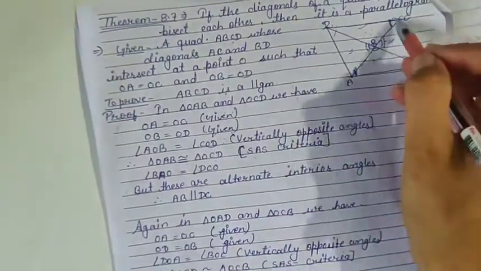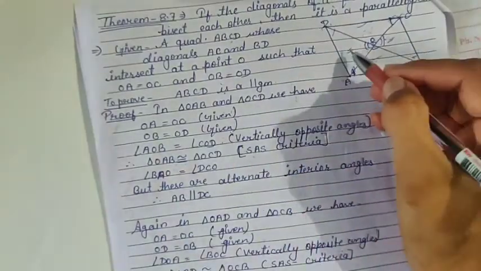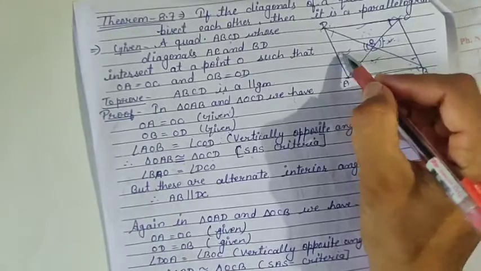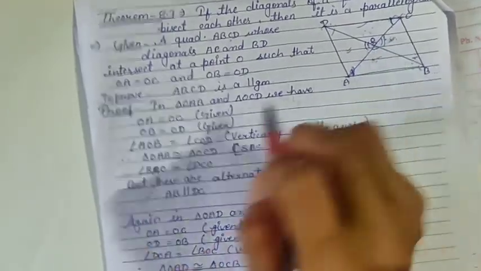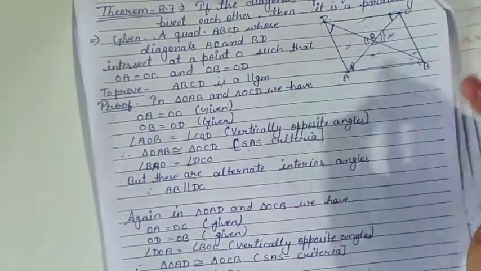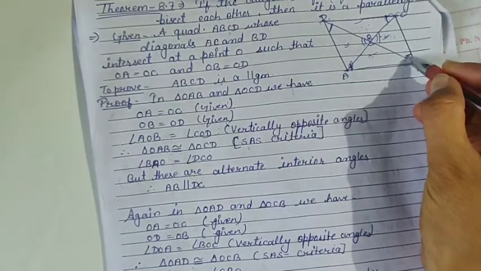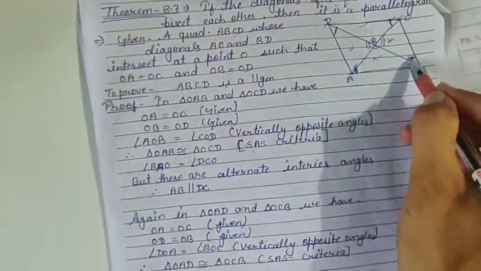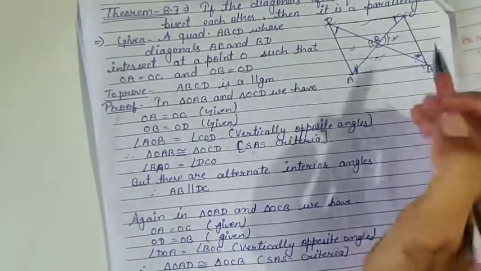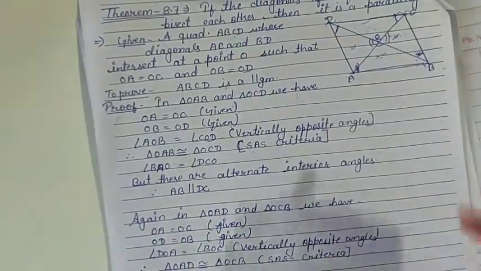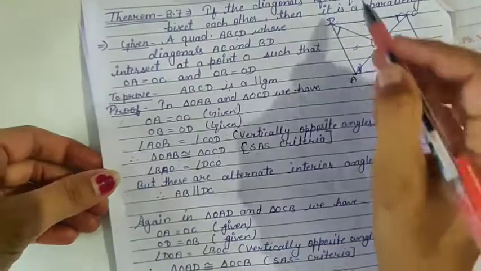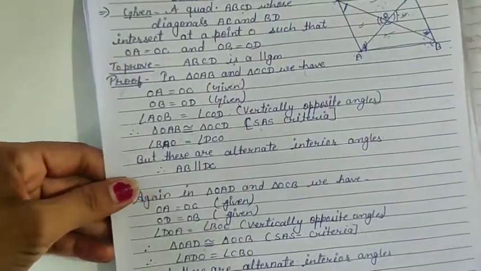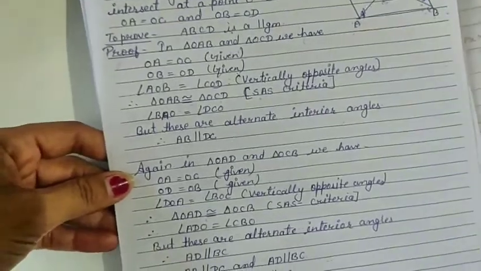It means AB is parallel to CD, and after that we take these two triangles, we prove them congruent, and angle B equals angle D, but these are alternate interior angles. It means AD is parallel to BC. If AB is parallel to CD and AD is parallel to BC, it means ABCD is a parallelogram.